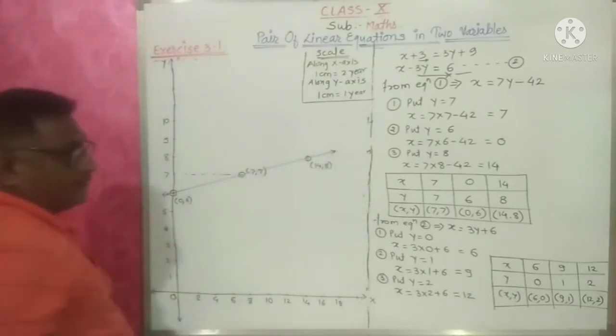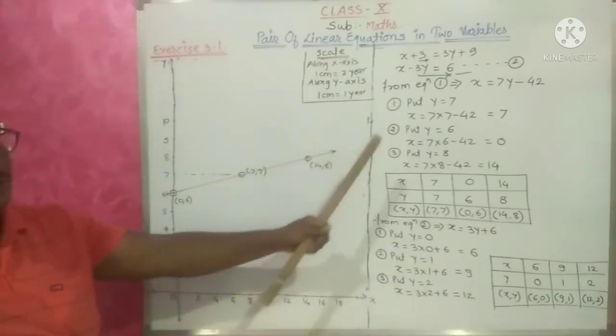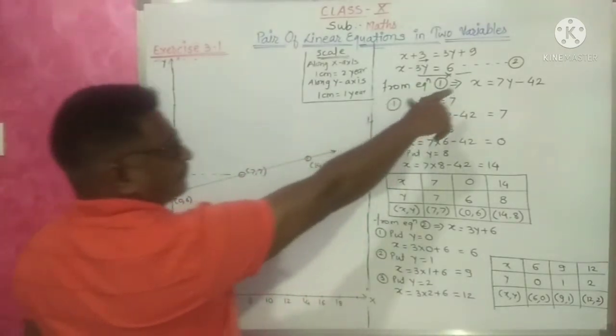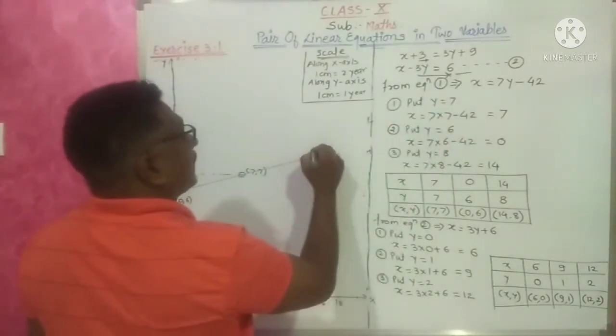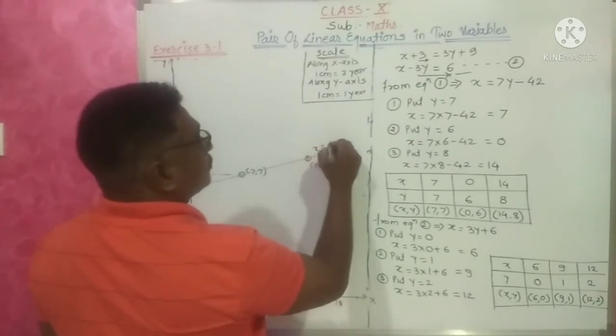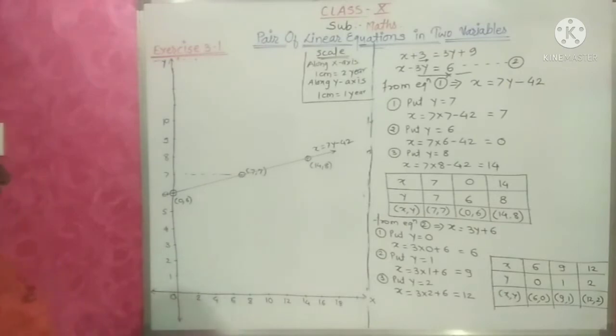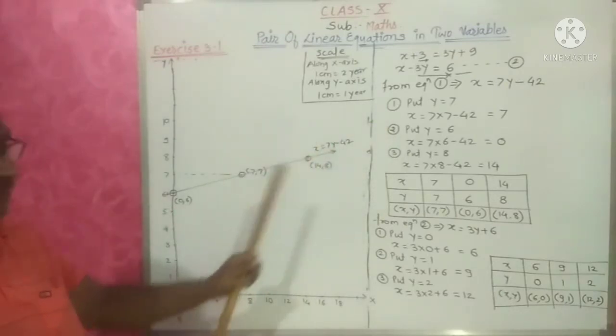We draw. Now on the line we have to write the equation. What is the first equation? That x equals to 7y minus 42. The first equation is covered.